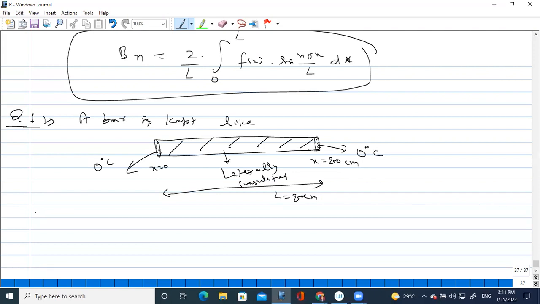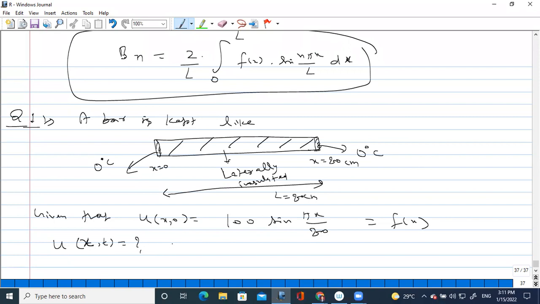And one more thing they have given: u(x,0) is equal to 100 sin(πx/80). So it means ultimately they have given f(x). And they are asking what is u(x,t). So this you have to find out.